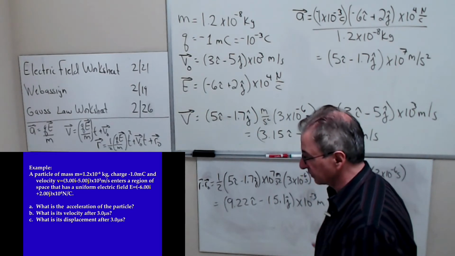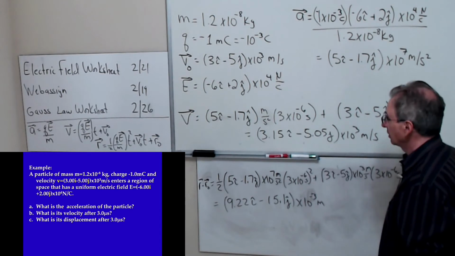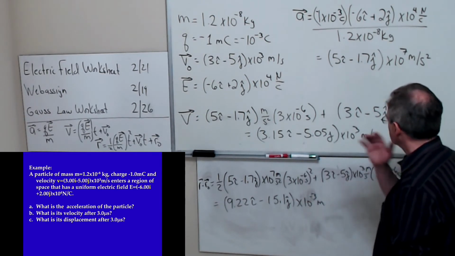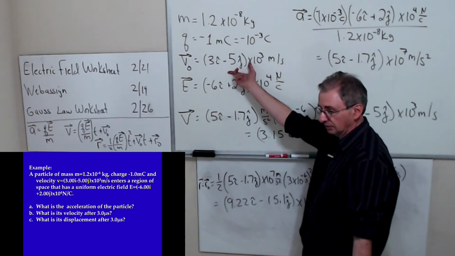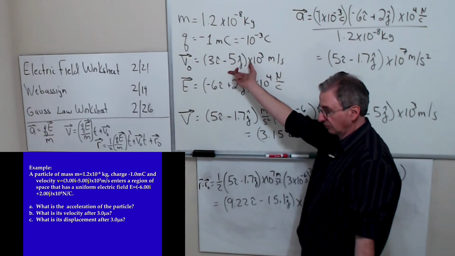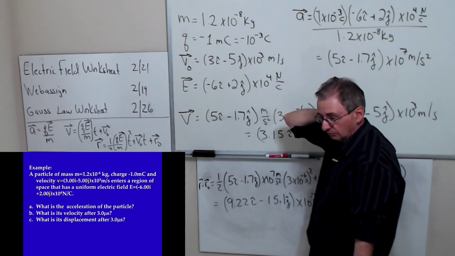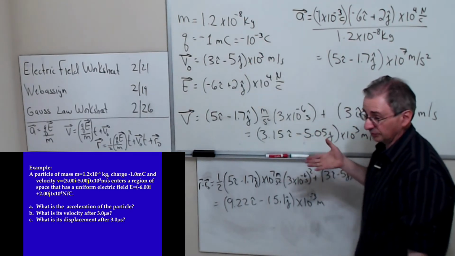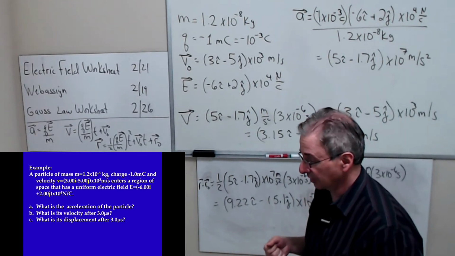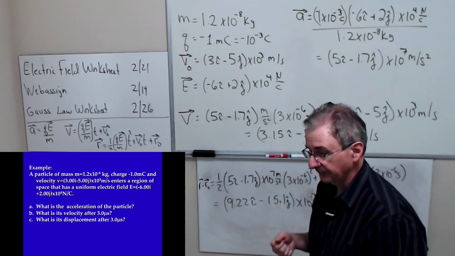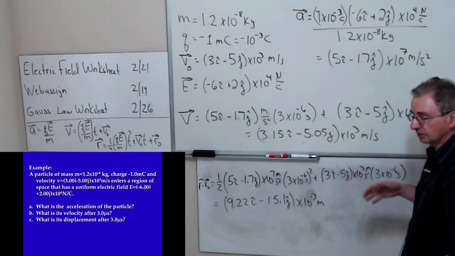That's really all you do. If you want the change in kinetic energy, then you got to find the magnitude of this vector and the magnitude of this vector. You guys know how to do that. It's 1/2 mv final squared minus 1/2 mv initial squared. So this gives you the work done on the particle, because the work done equals the change in kinetic energy. So this, in a sense, is a review problem for you guys.